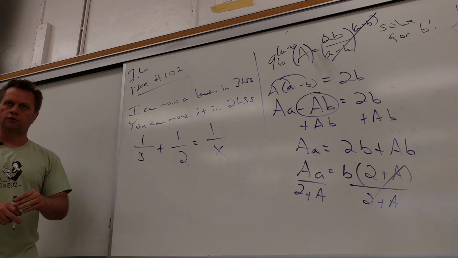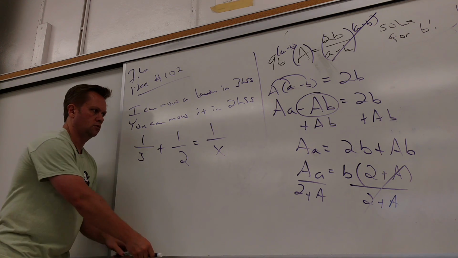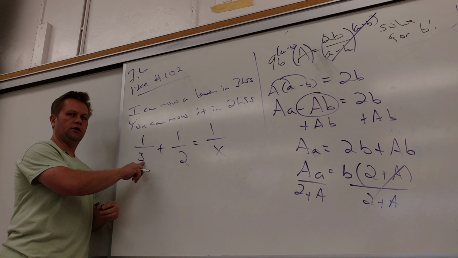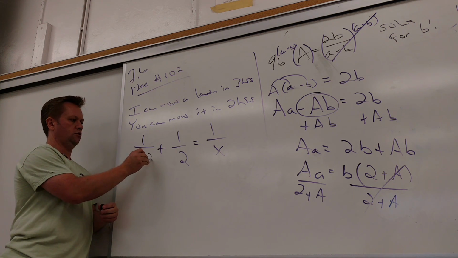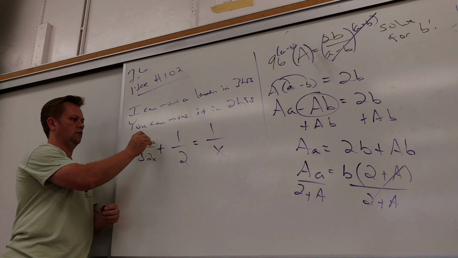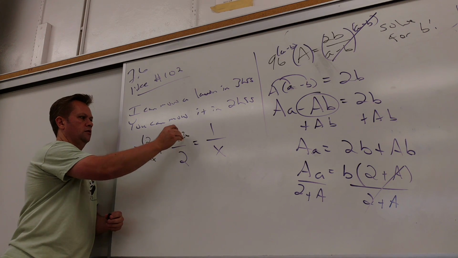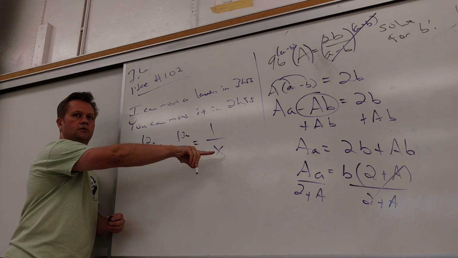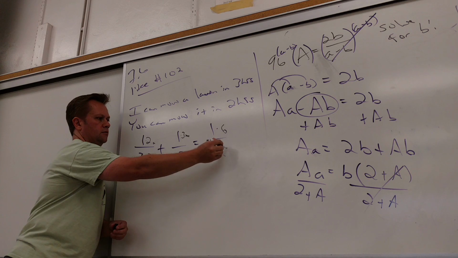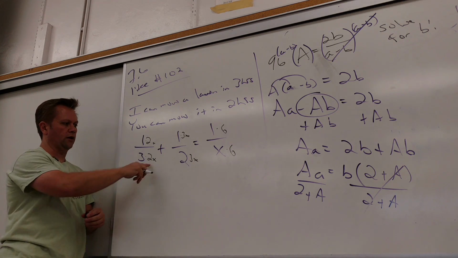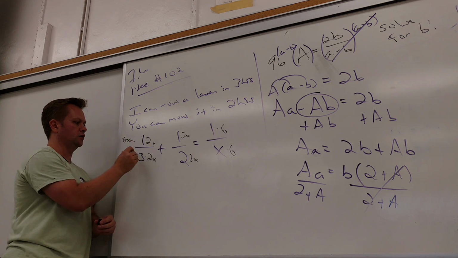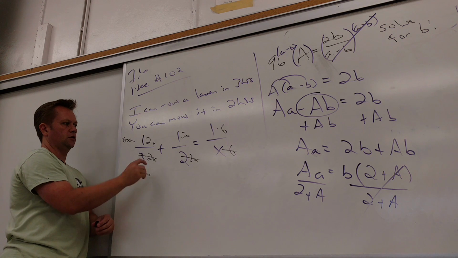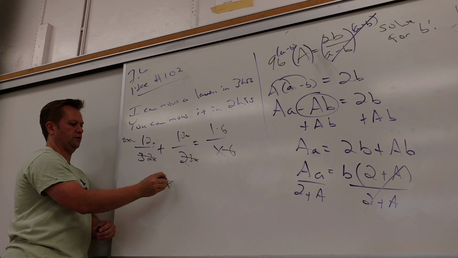So how would I solve this? He needs 2x, he needs 3x, he needs 3 and 2, so 6. So now they all have 6x, so now I can multiply by 6x and kill the denominators. So I get 2x and 3x, I get 5x equals 6.